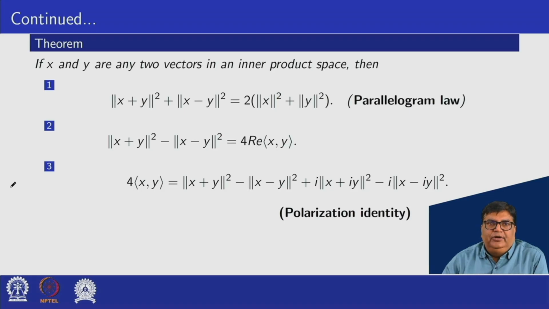And 4 into the inner product of x, y equals the square of the norm of x + y minus the square of the norm of x − y plus i into the square of the norm of x + iy minus i into the square of the norm of x − iy, which is known as the polarization identity.